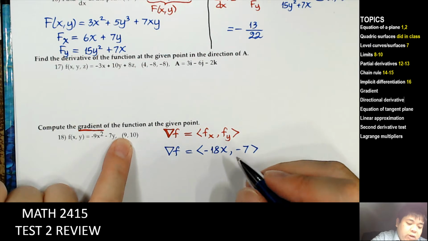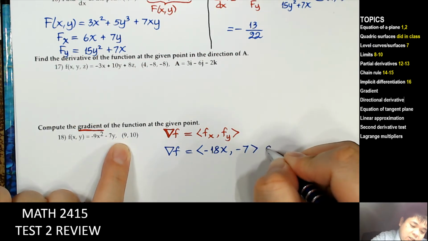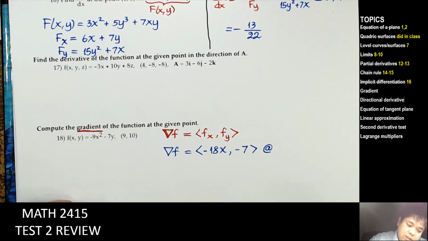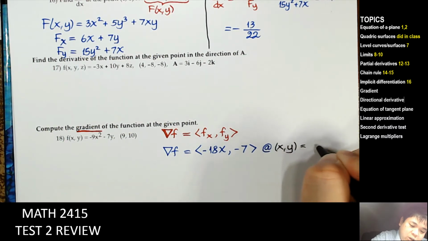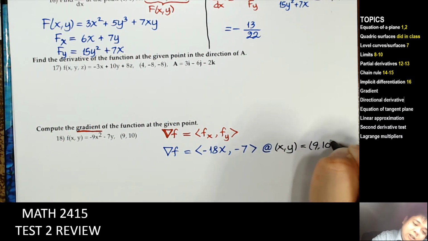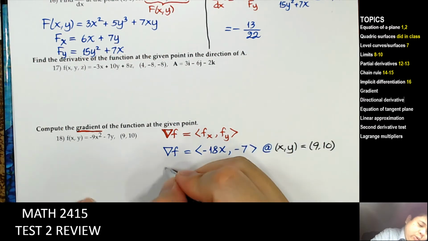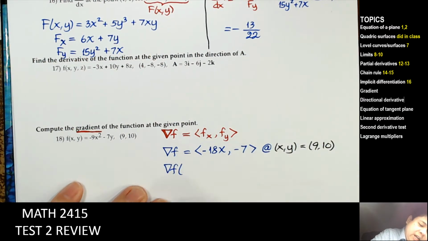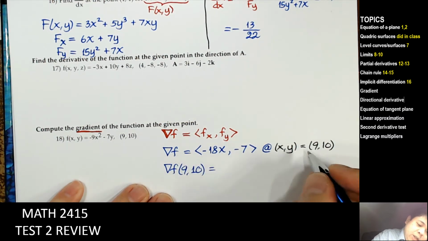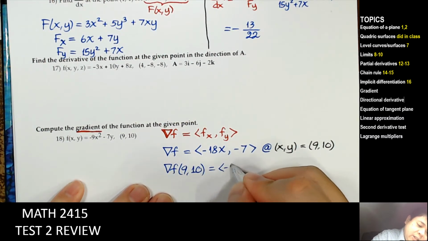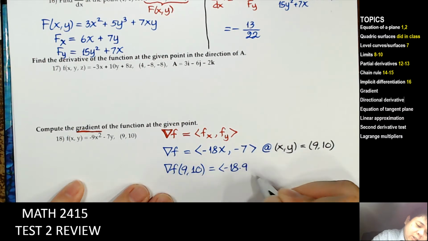And then we have to evaluate at x, y equal to 9 and 10. So here we have the gradient at the point 9 and 10. So I'm going to put 9 in for x. And that's it.